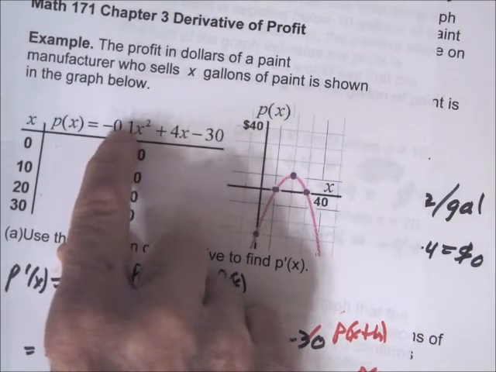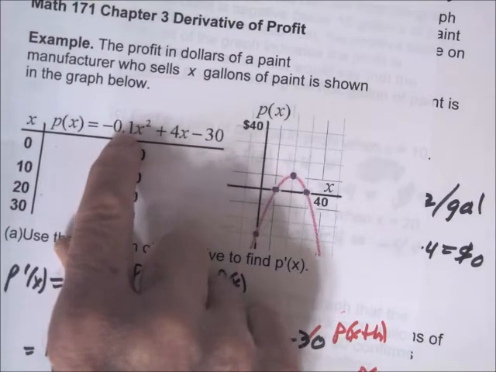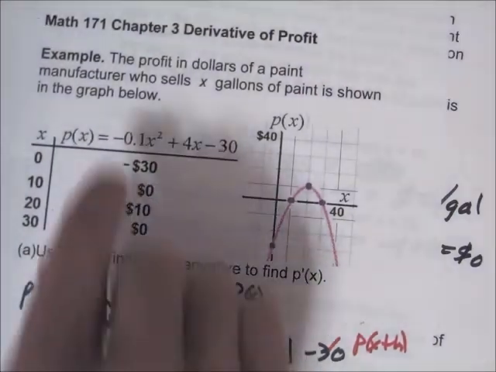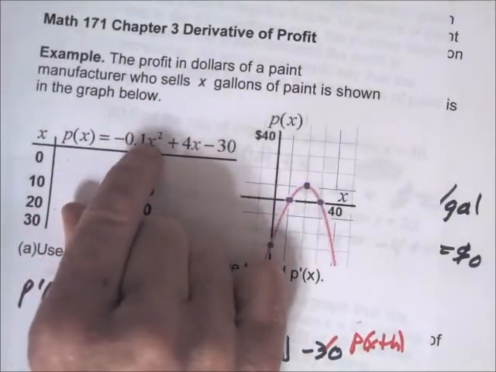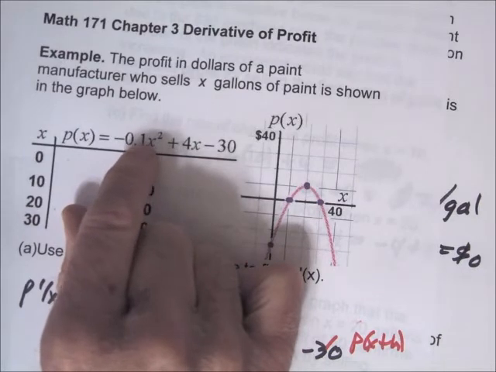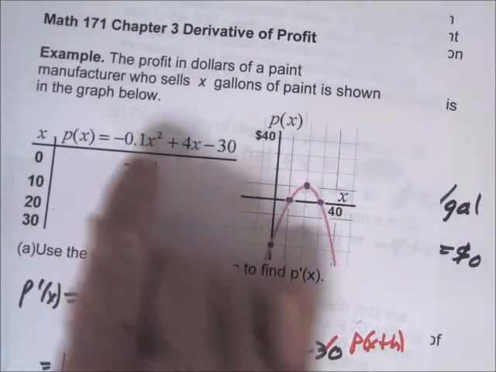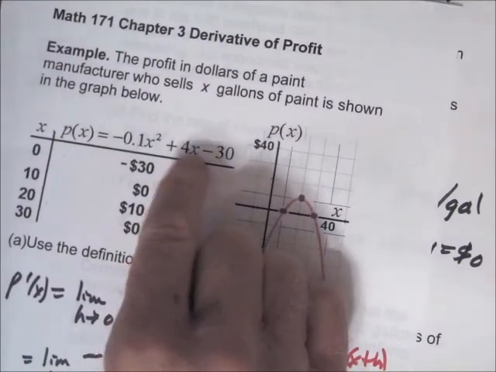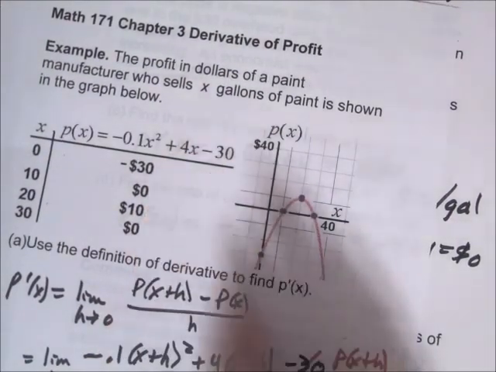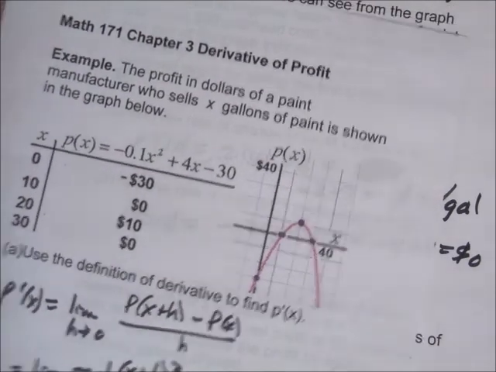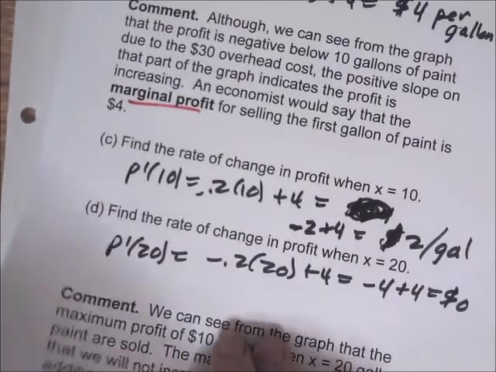As x gets bigger, that term becomes bigger, and it might represent a loss of efficiency if your facilities can't easily handle a lot of paint at once, or maybe you have to pay overtime. So that term there is a loss of efficiency, and this is the profit per gallon, at least initially. Okay, so that concludes this presentation.